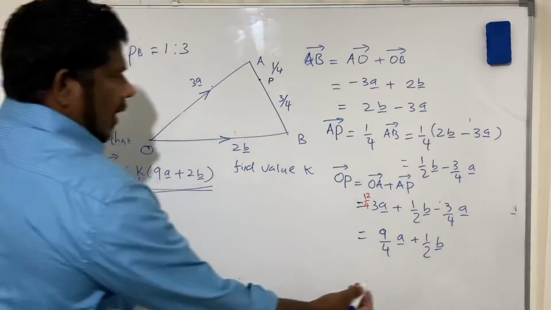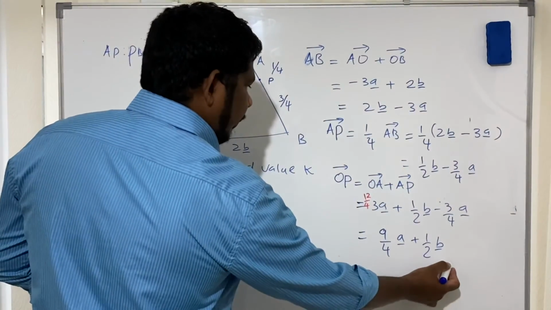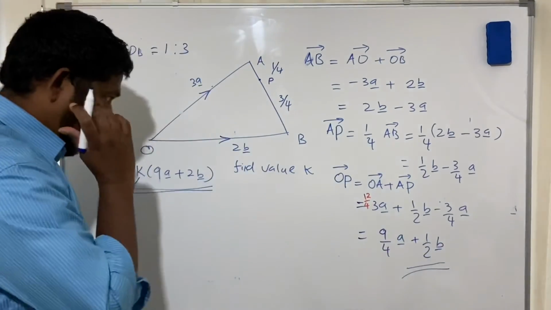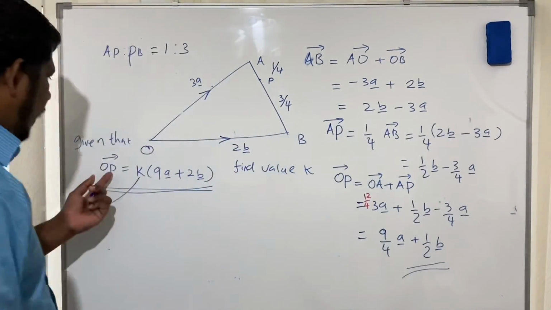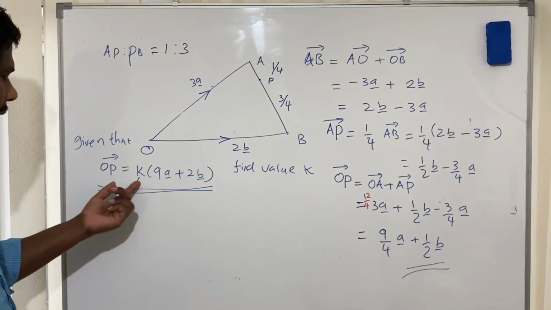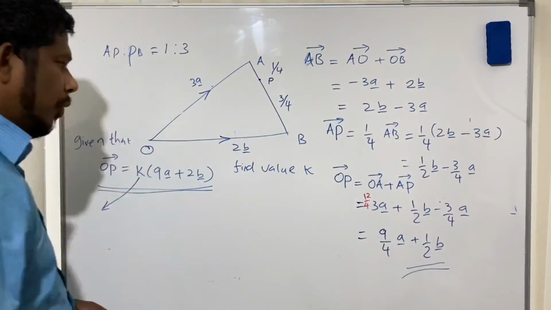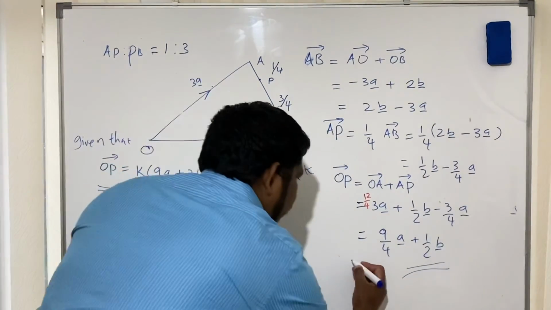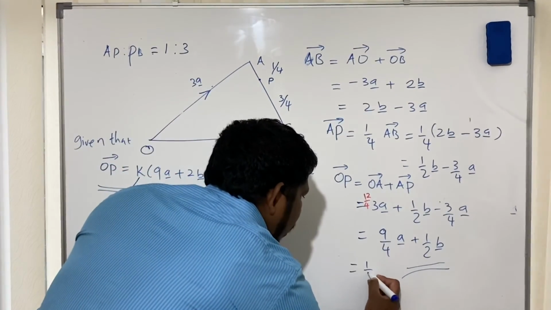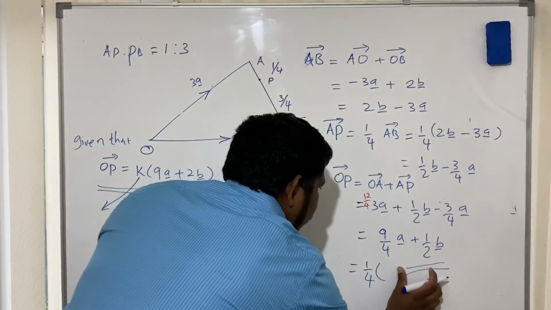But this is the answer for OP. But here OP is K into 9A plus 2B. So what we have to do, we can take the 1/4 outside from the bracket.